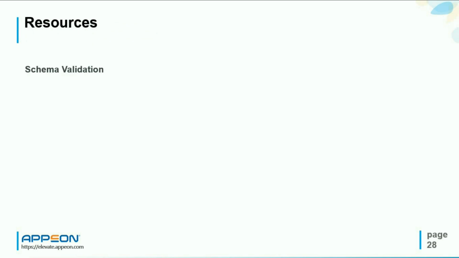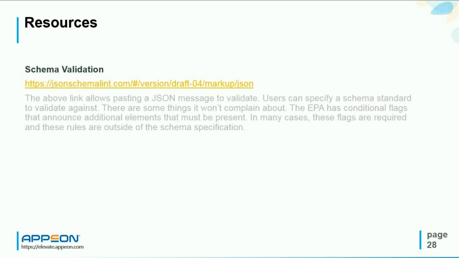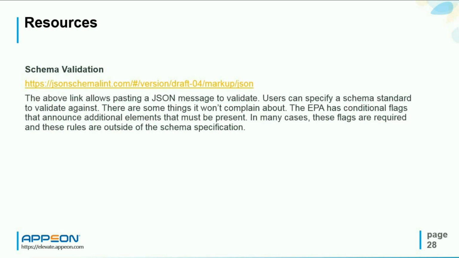So we have some resources to learn about. The above link allows us to paste a JSON message to validate. Users can specify a schema standard to validate against. There are some things it won't complain about. The EPA has conditional flags that announce additional elements that must be present.